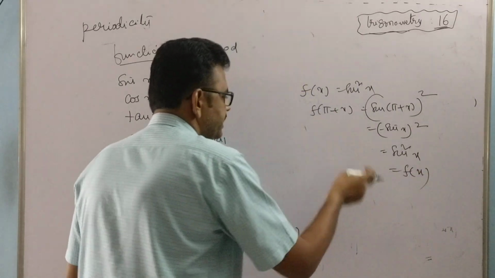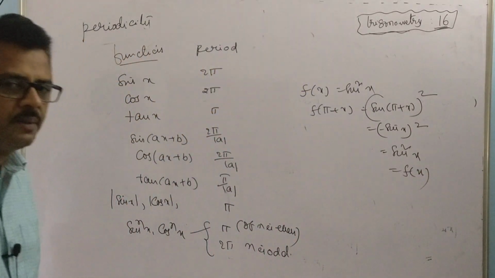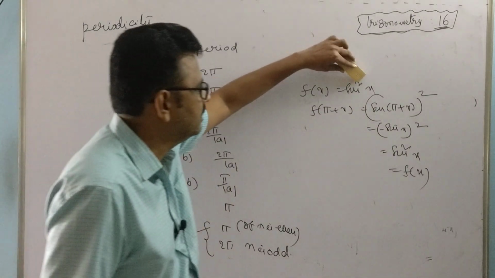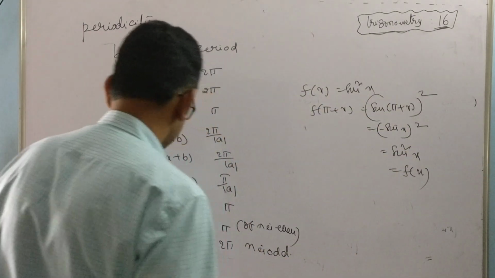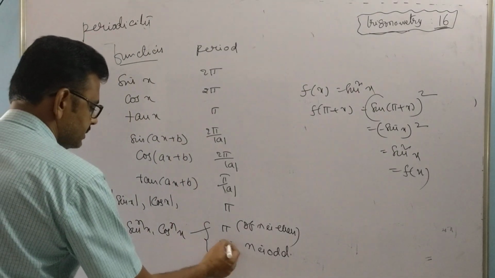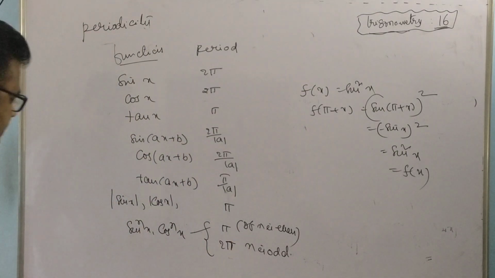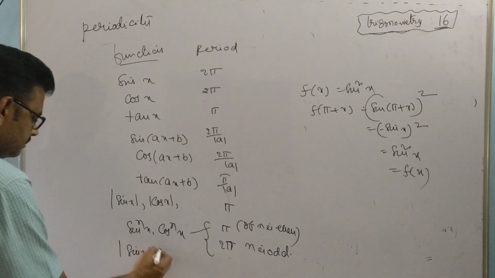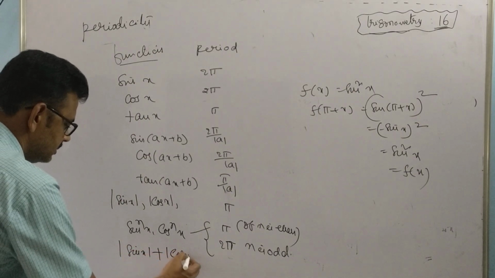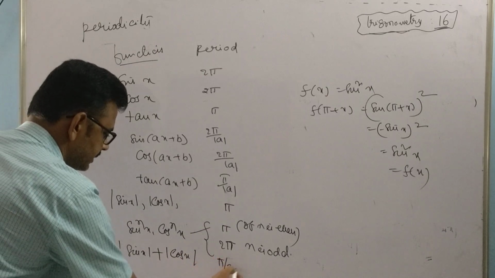So the period is pi. Suppose n is odd, the period is 2 pi. And mod sin x plus mod cos x, the period is pi by 2.